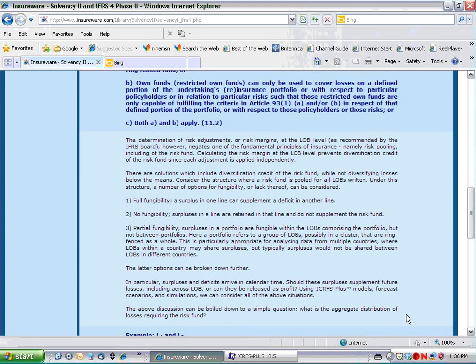That's the standard approach. Now, we call that full fungibility. A surplus in one line can be used to supplement a deficit, a loss exceeding the mean in another line.